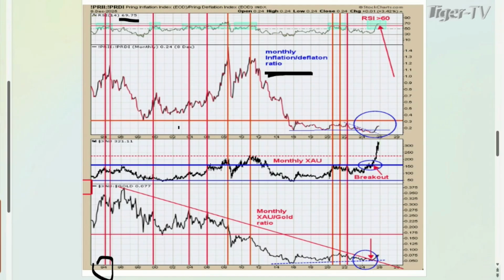This is the 2000 bottom here, and it rallied up. What the RSI picked out was the consolidations. This is the RSI chart right here, and it picked out the sideways consolidations.